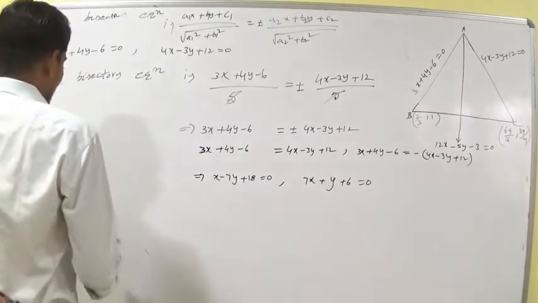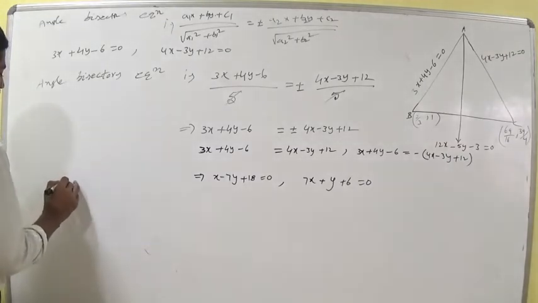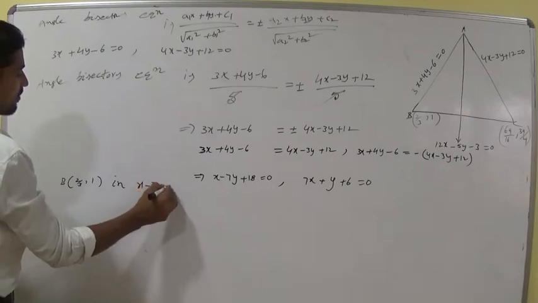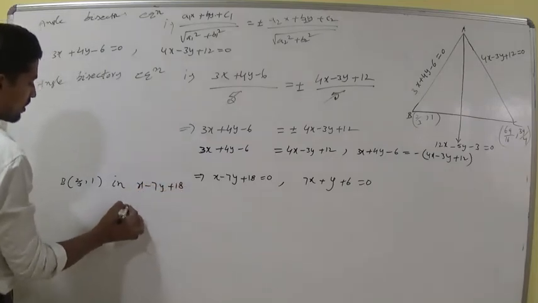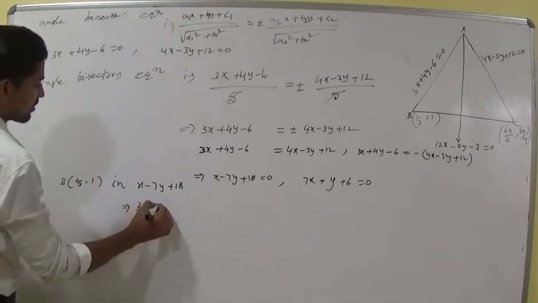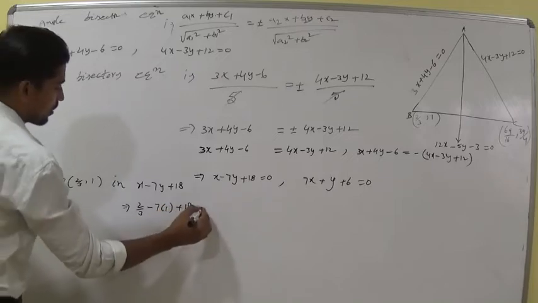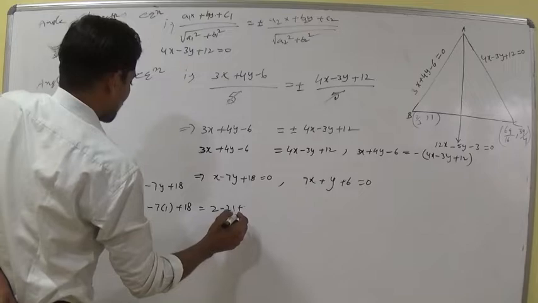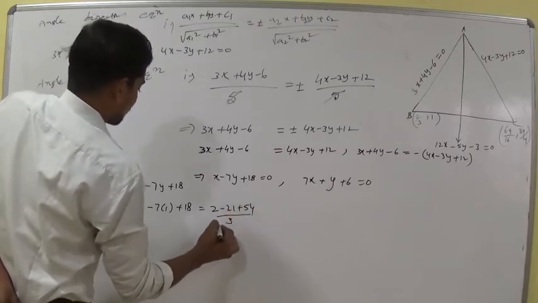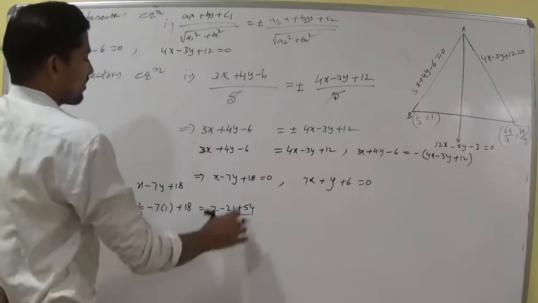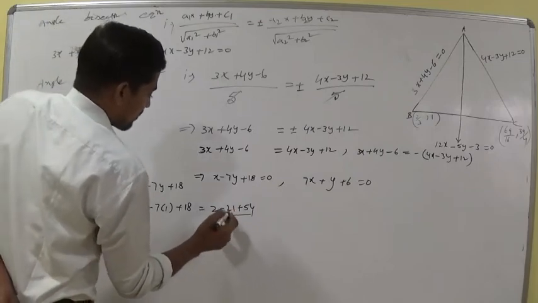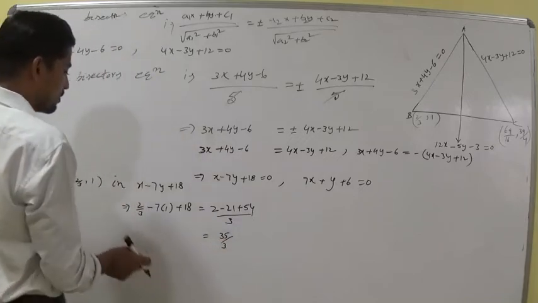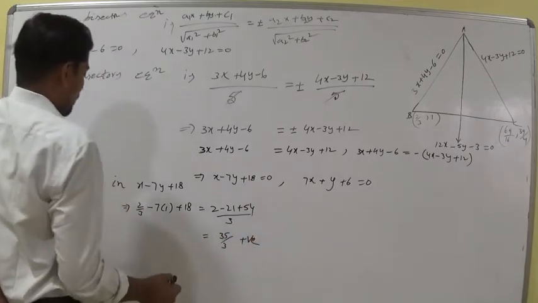B is 2 by 3 comma 1 in x minus 7y plus 18: 2 by 3 minus 7 plus 18 equal to 2 minus 21 plus 54 by 3, which is equal to 56 minus 21, so 35 by 3. I got a positive value here.